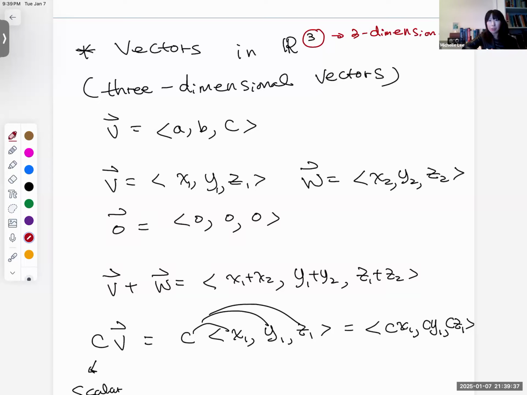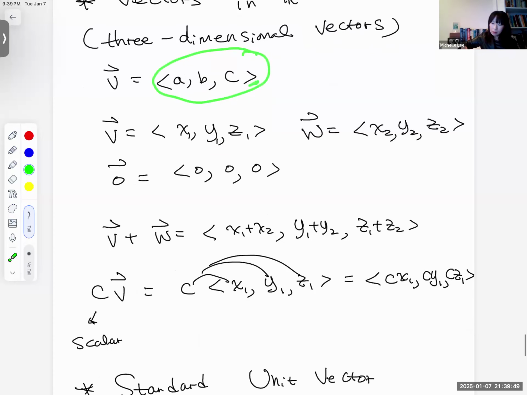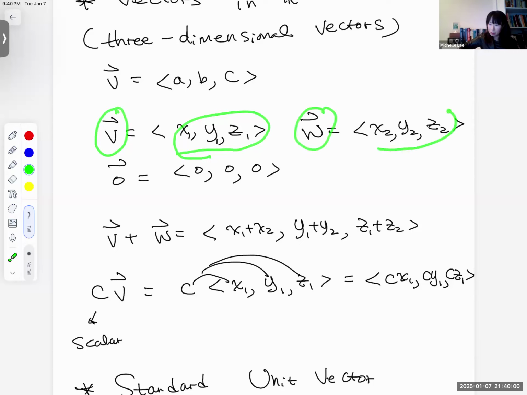So 3-dimensional vectors. So vector V has a component ABC. Then we have another vector W, we can express this component.